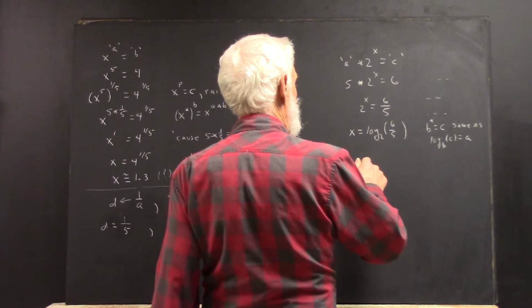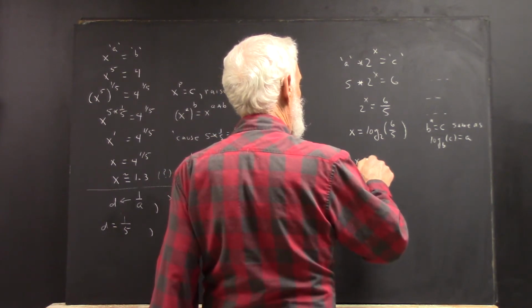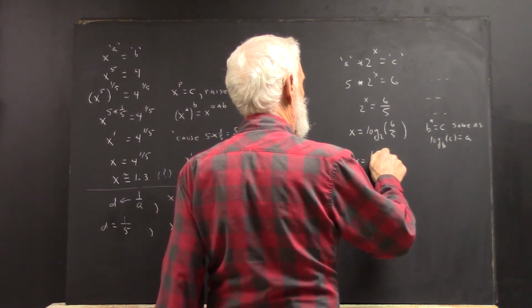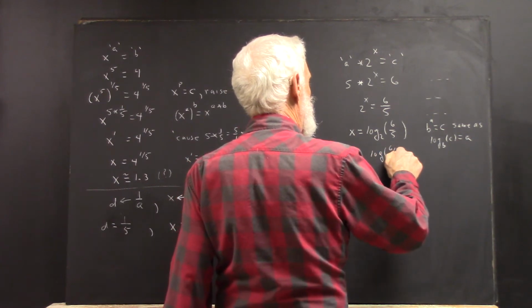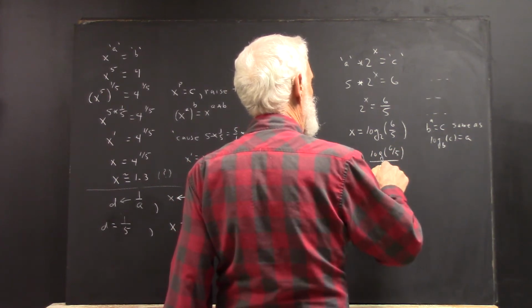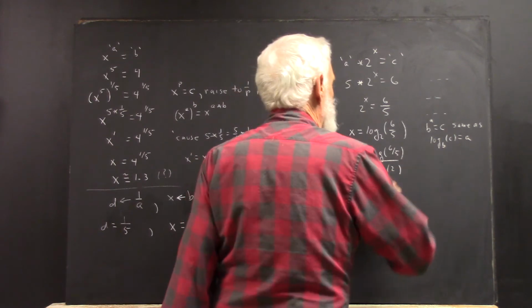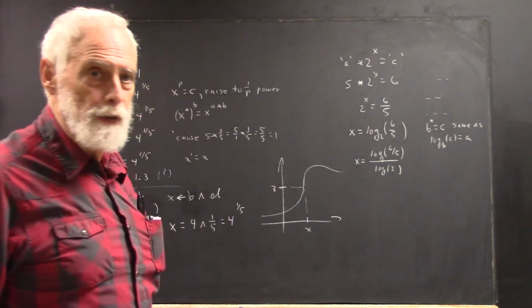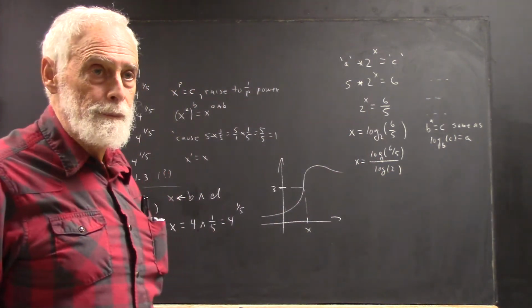And then x is the log of 6/5 divided by the log of 2.